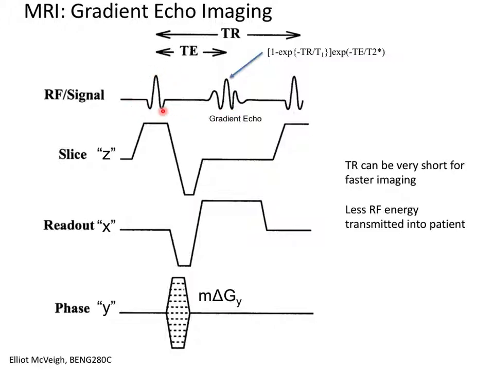So apply an RF pulse with a Z gradient on, gives us a slice selection. That's cool. And then we actually refocus that slice, because at the end of this pulse there's going to be a phase shift across the slice. So we get rid of that phase shift by refocusing that gradient. While we're doing that refocusing, we are also going to apply a phase encoding gradient of a predetermined size.